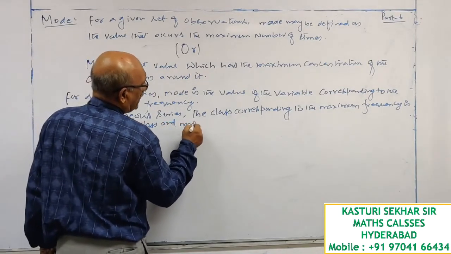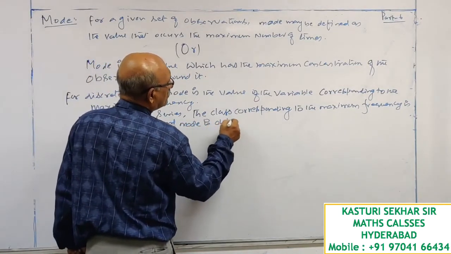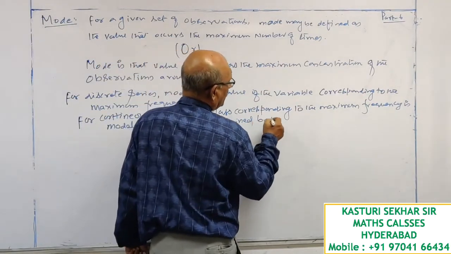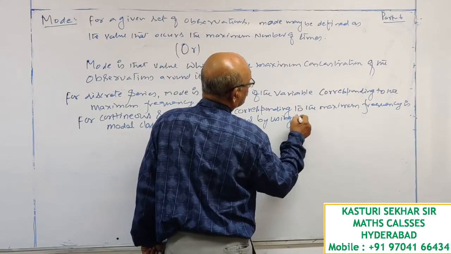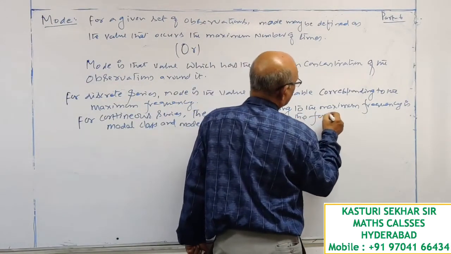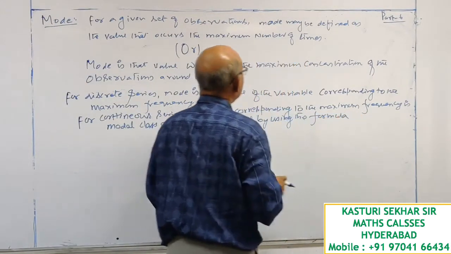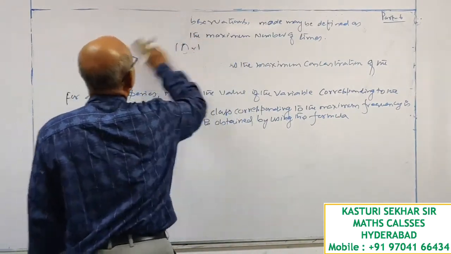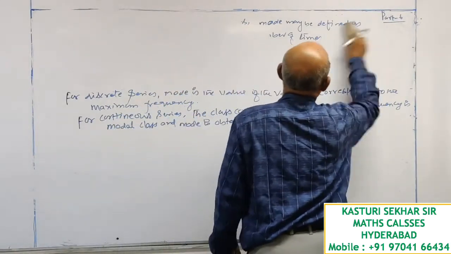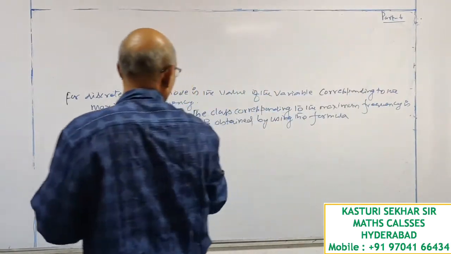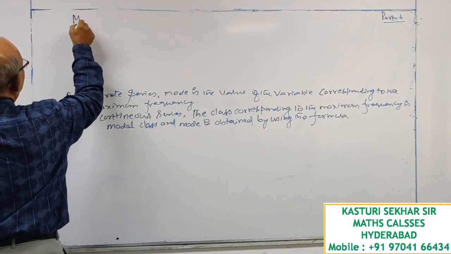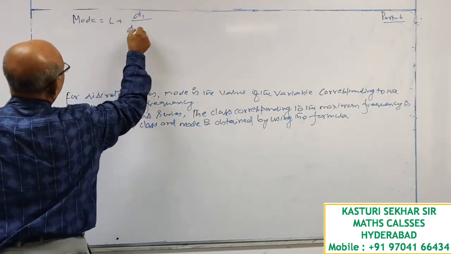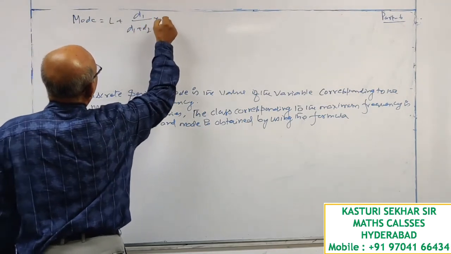And the mode is obtained by using the formula: mode is equal to L plus D1 by D1 plus D2 into H.